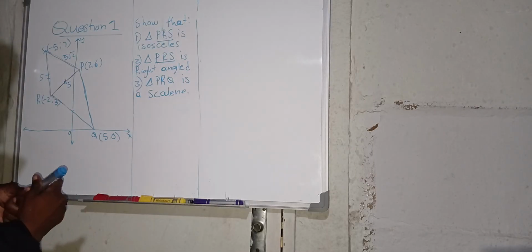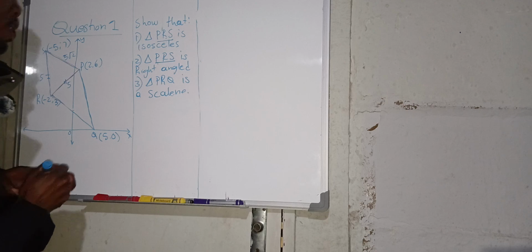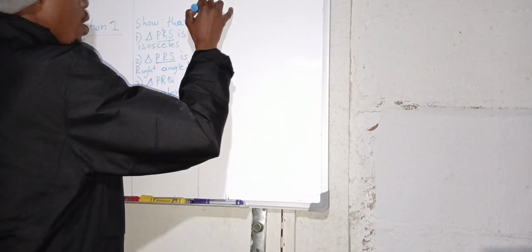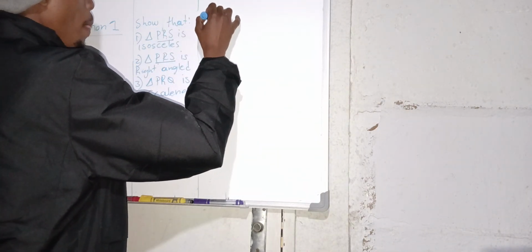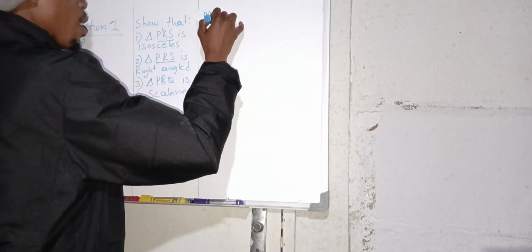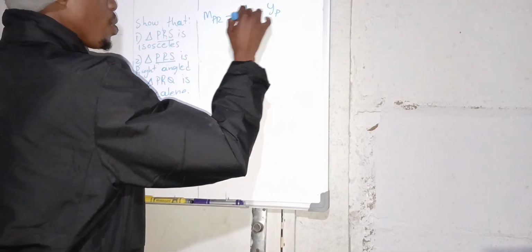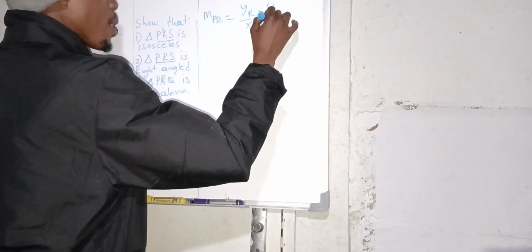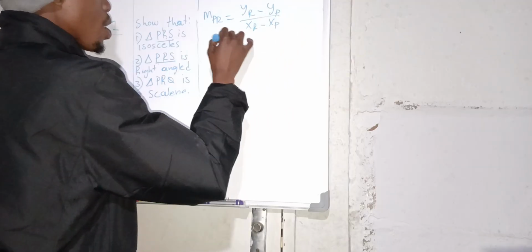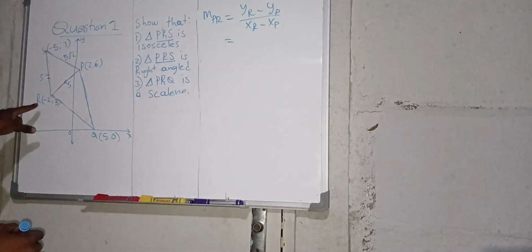Now, let me find the gradient of line PR, MPR. It's going to be YR minus YP all over XR minus XP. What is my YR?